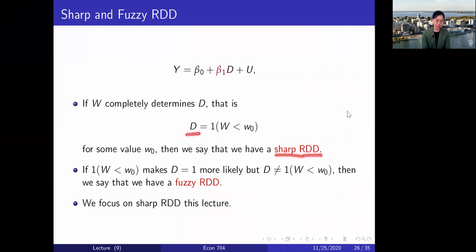So D is sharply determined by W crossing the threshold.